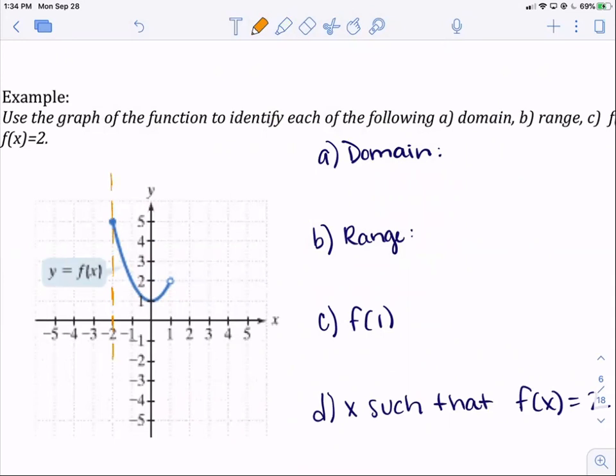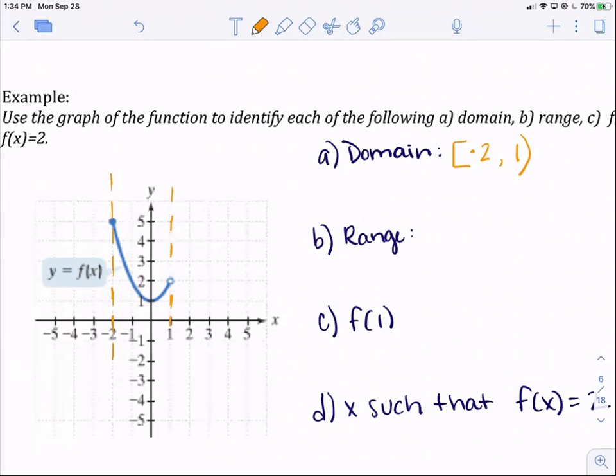The far left x value we have is -2. Because it's a closed circle, it's going to be a bracket. Then if we go to the right side of our graph, it stops at 1. And since it's an open circle, it's a parenthesis. So our domain is -2 to 1.